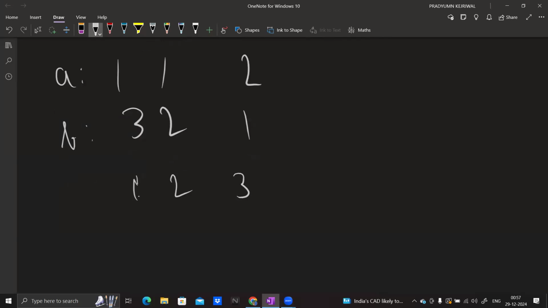So the product in this case is the min of 1 and 1, which is 1, multiplied with min of 1 and 2, which is 1, into min of 2 and 3, which is 2. So 2 is the answer for these two arrays. So that's why we print 2.